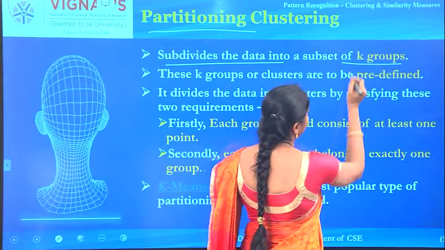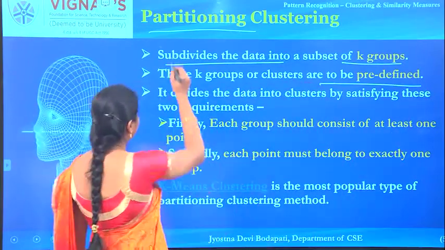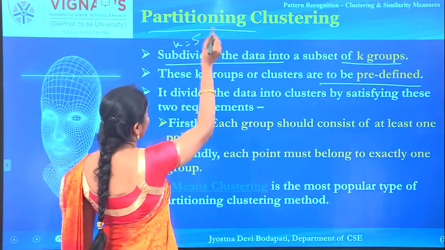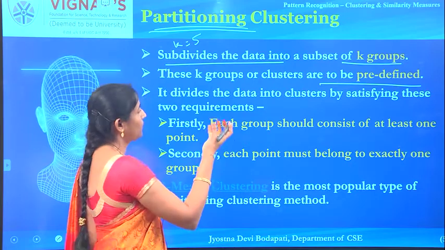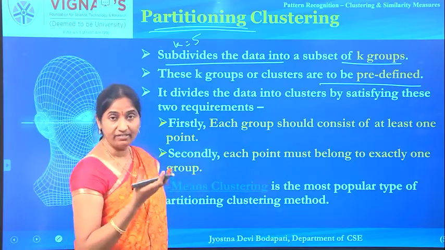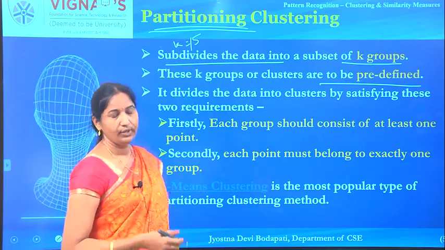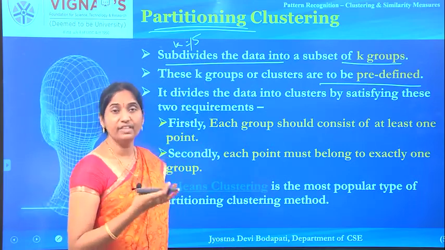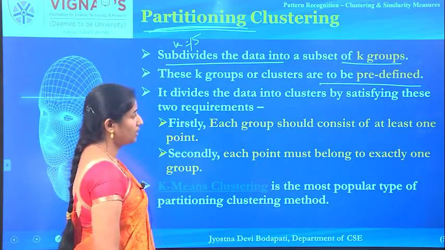So here the K value is predefined. If your K value is given as 5, then your partitioning algorithm will generate 5 different clusters on the given data. If your K value is 15, then your algorithm will generate 15 different clusters. That is how the partitioning algorithms work.